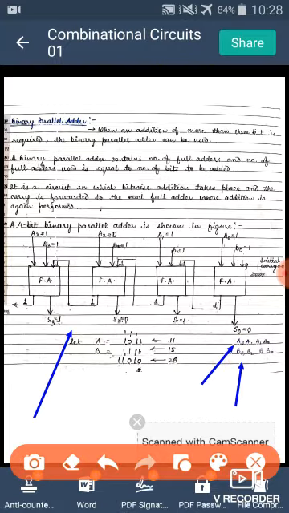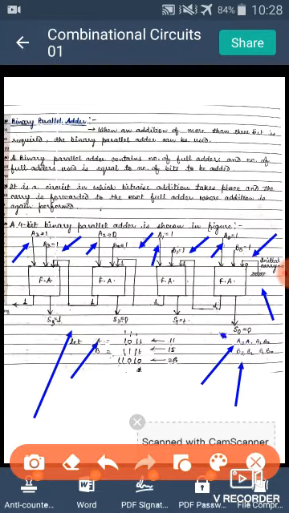Here the bits A3, A2, A1 and A0 are the first input for the full adder. The second bits are B3, B2, B1 and B0, and there is an initial carry. Now let us take an example, let A be 1011.